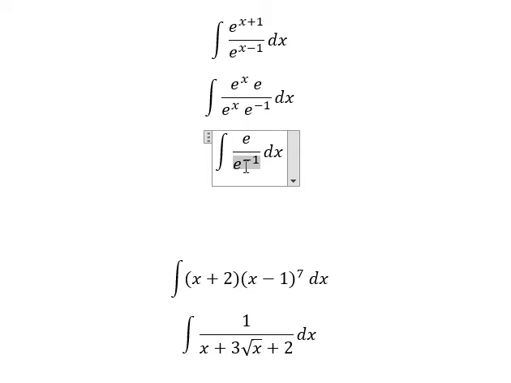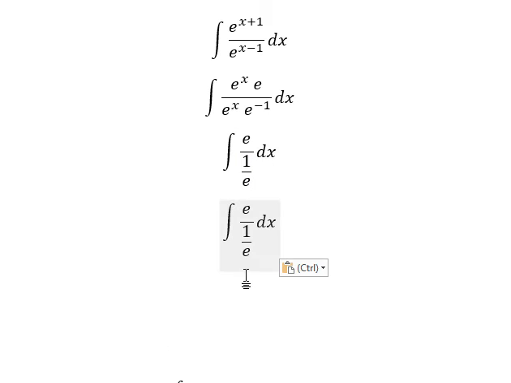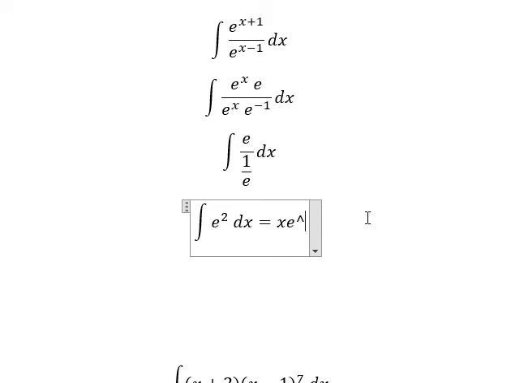And this one we have 1 over e. So e and e we have e squared. The integration of this one we have e to the power of 2, and I will put c.